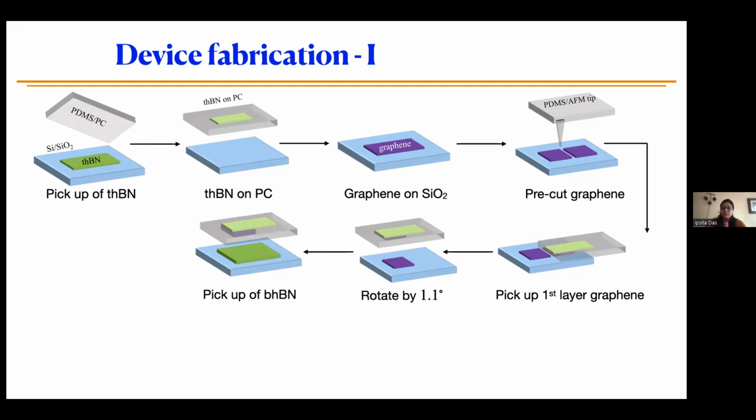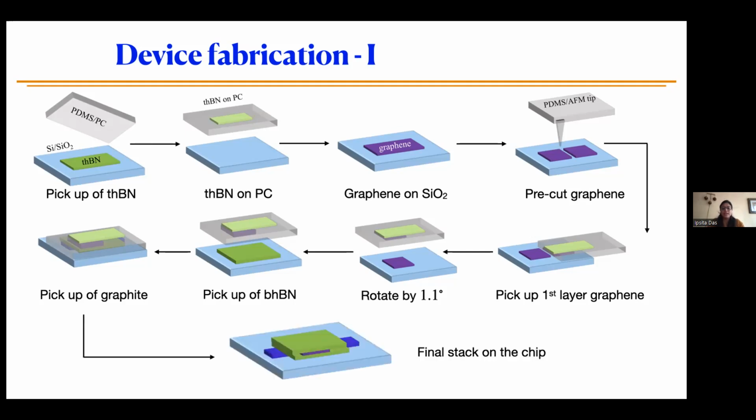Then we have to cover the twisted graphene with another insulating layer, which is again hexagonal boron nitride. And then finally we pick up a graphite layer, which will act as my gate. So I will tune the Fermi surface of my twisted bilayer graphene by using this metallic graphite layer, right?